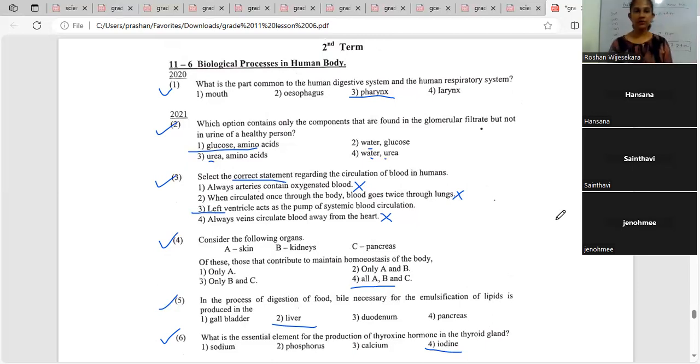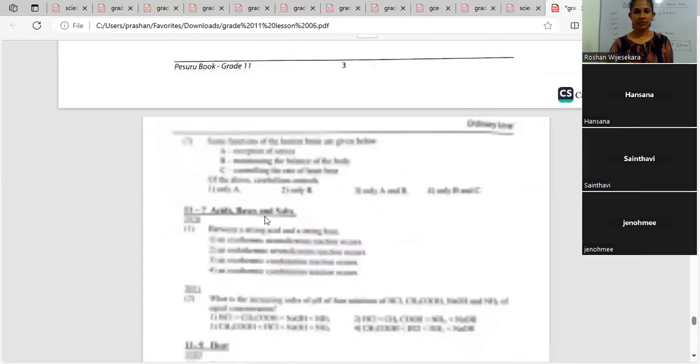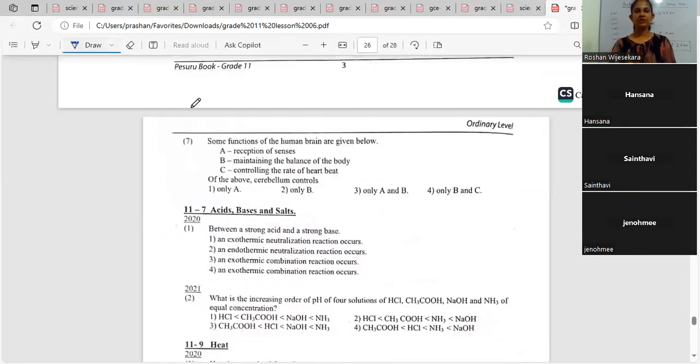In 2021, one more MCQ question. This one, the seventh question.